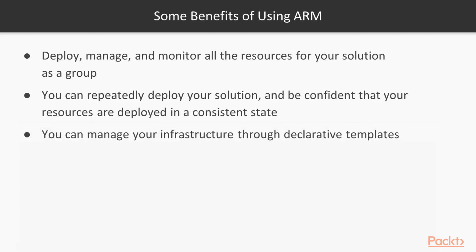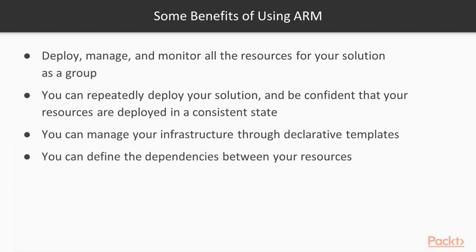You can also manage your infrastructure through templates instead of manual work or scripting. And last but not least, you can define the dependencies between resources. Obviously, you can put all your ARM templates in a Git repository or any other version control system to make sure all changes are verified and automatically deployed.